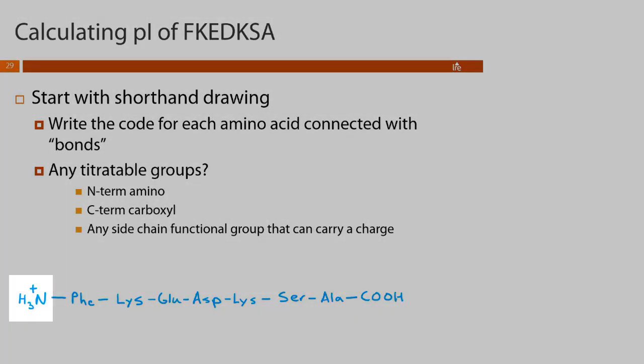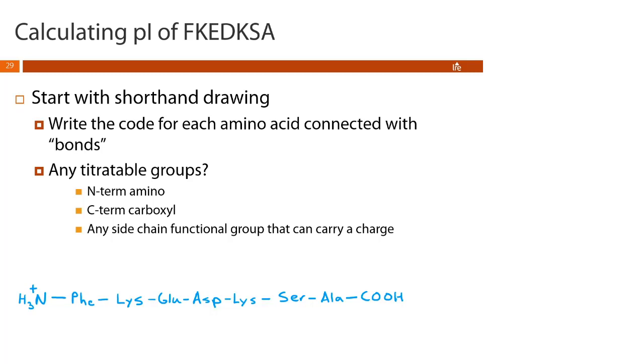Okay, so now we're going to add in our titratable side chains. We already have our titratable N-terminus and our titratable C-terminus. Remember, we don't have any other N or C termini now because they're all caught up in these peptide bonds here, right? But like I said, we do still have to worry about our titratable side chains. Phenylalanine does not have a side chain pKa listed, so we don't have to worry about its side chain. Lysine has an amino group on the side chain, which is titratable.